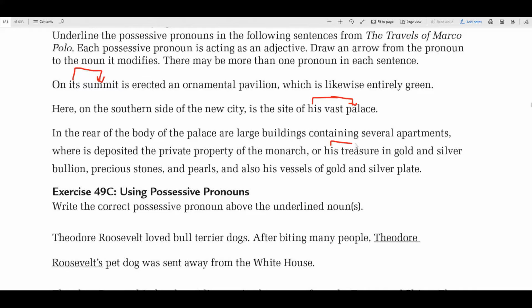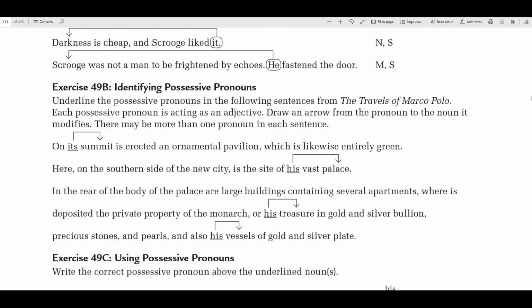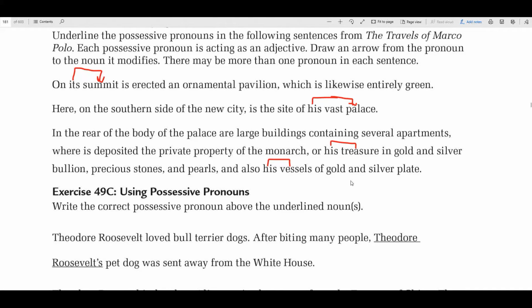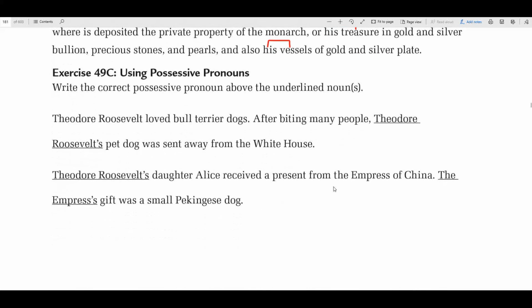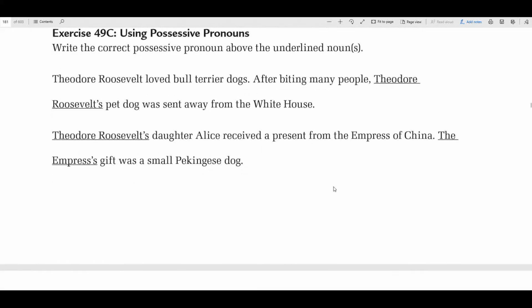His treasure. And his vessels. Is that what y'all got? Just two of them in that big sentence? Let's check it. Yeah, we got it right. There we go. All right, I hope you understood that. I had to work my way through that one. That was a little bit difficult for me.